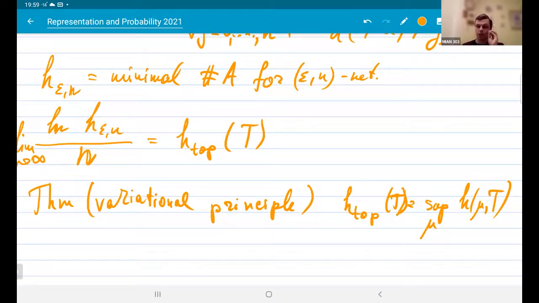You see that the measure of maximal entropy should focus on the parts of your space with rich dynamics, where your trajectories are very different. This is why the measure of maximal entropy is this.